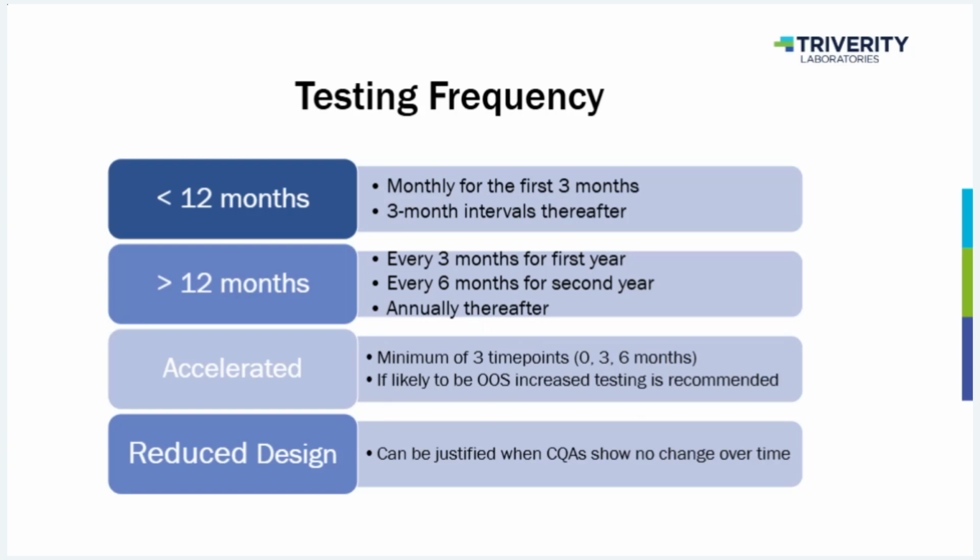I like to have at least 1 time point between 0 and 3 until you're really familiar with your product. And then you can do a reduced design throughout. Q1 says that other designs can be used, or you can risk assess or provide justification for changes from the standard program.